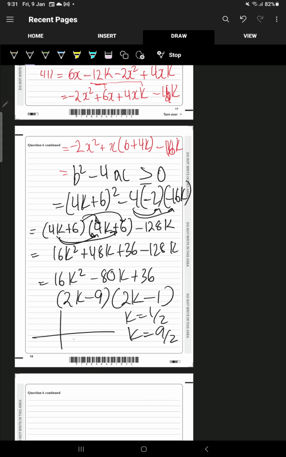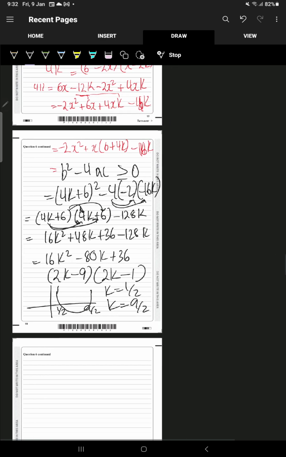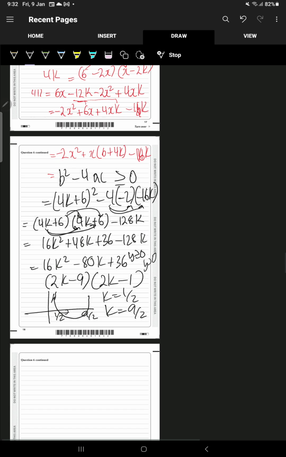Now if you draw a sketch with a half and 9 over 2, we can see that y is greater than or equal to 0, so we should be above the line. So we are looking at the values here. So k is going to be less than or equal to a half, and k is going to be greater than or equal to 9 over 2.